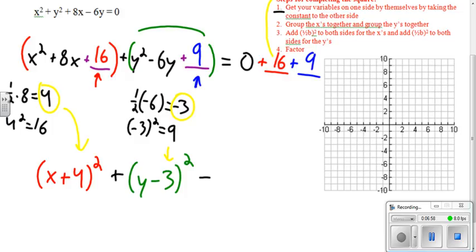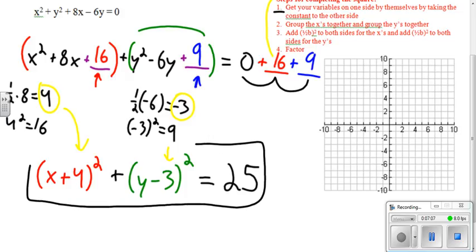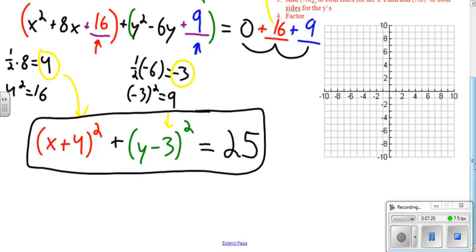Then we just set it equal to 0 plus 16 plus 9, which comes out to 25. So now here is our equation in standard form. (x plus 4) squared plus (y minus 3) squared equals 25, which in that case means that our center would be found at -4, because this is the same as saying x minus -4 squared.